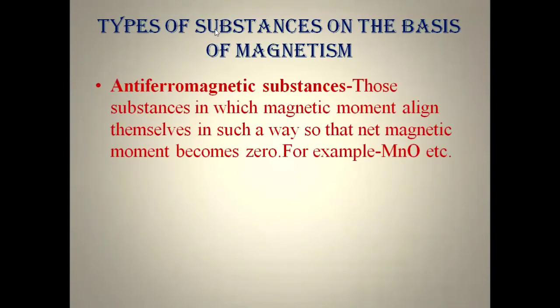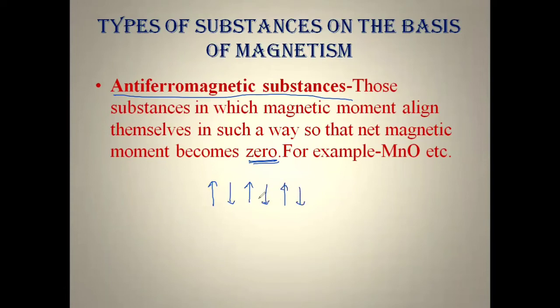Last is the antiferromagnetic substances. So what are antiferromagnetic substances? Those substances in which magnetic moments align themselves in such a way that the net magnetic moment becomes zero. How does the net magnetic moment become zero? You can see one upward, downward, upward, downward, upward, downward.